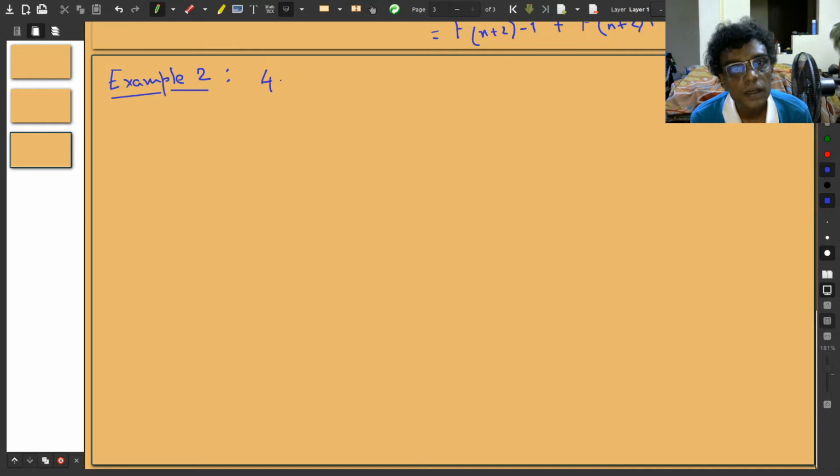Suppose that we have 4 rupee and 7 rupee coins.